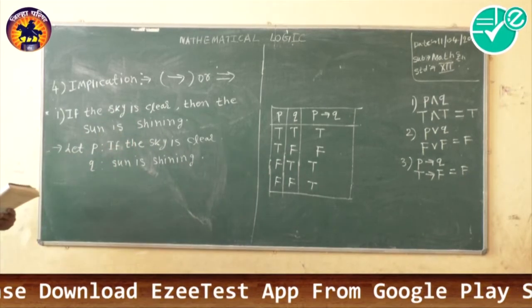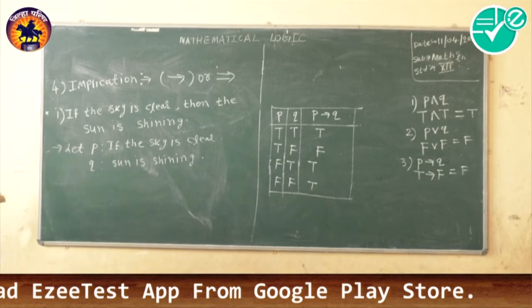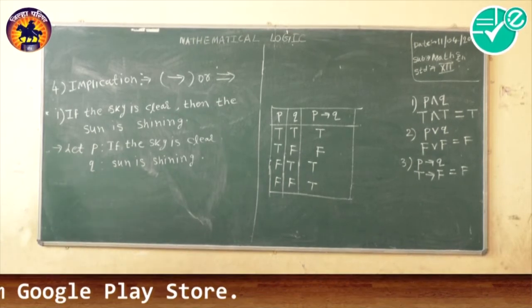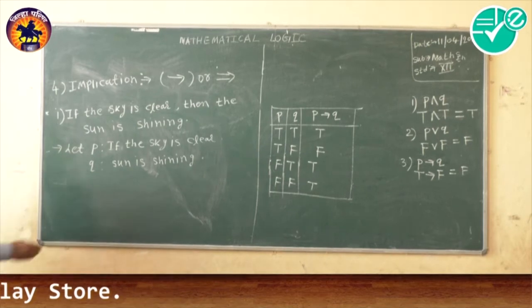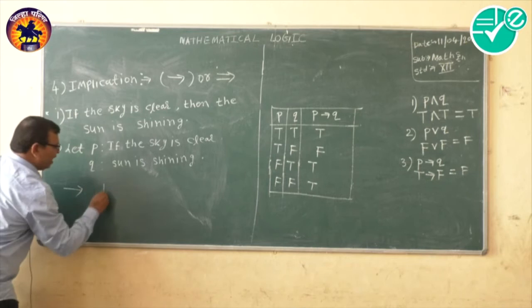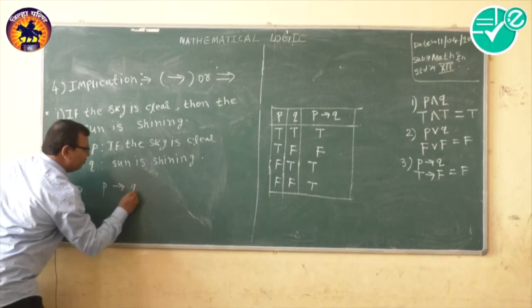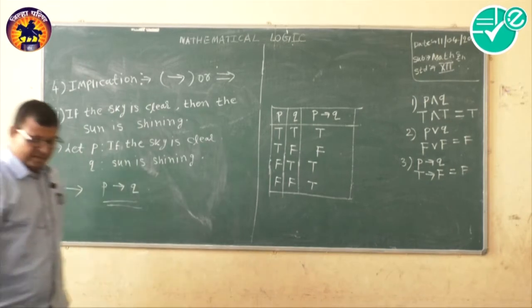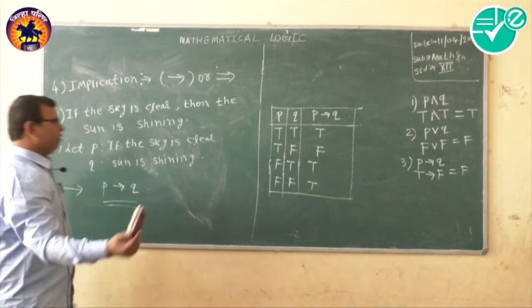Now we have to say the answer. The given statement has a symbolic form. The symbolic form of this statement is P implication Q. This is the answer. Okay?